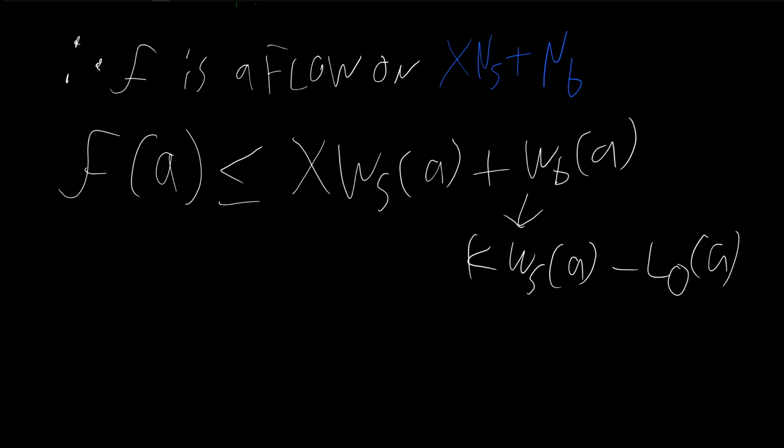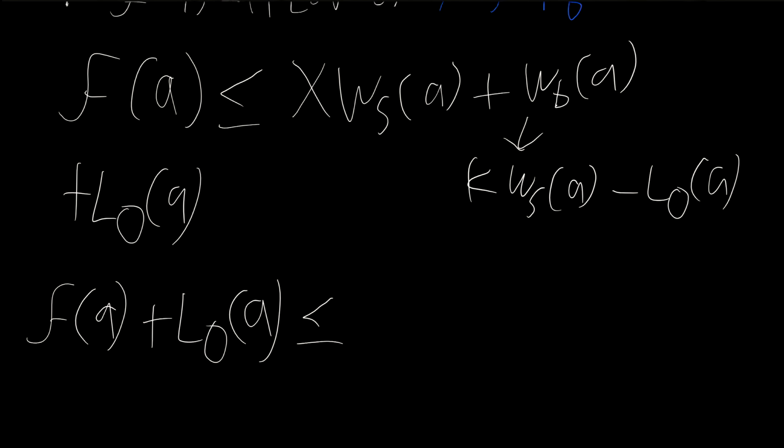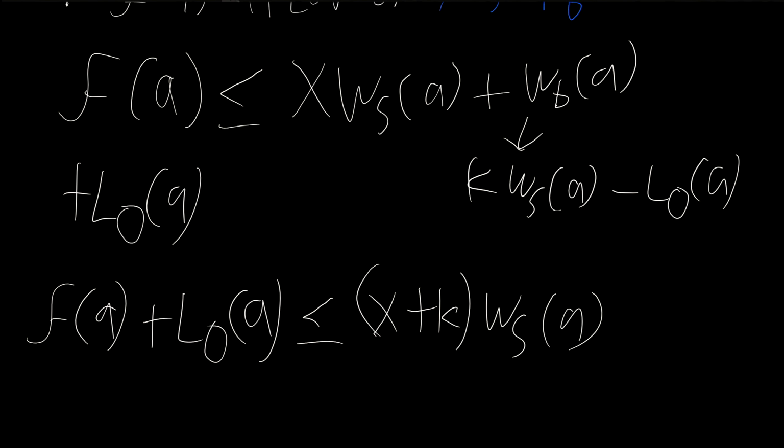So we move this over. Now let's just go ahead and add load obstruction of A to both sides. So what we get is F at A plus the load obstruction at A is less than or equal to X plus K WS of A.